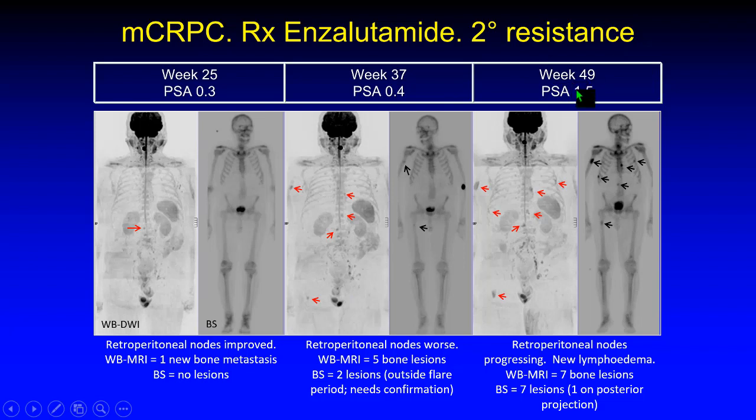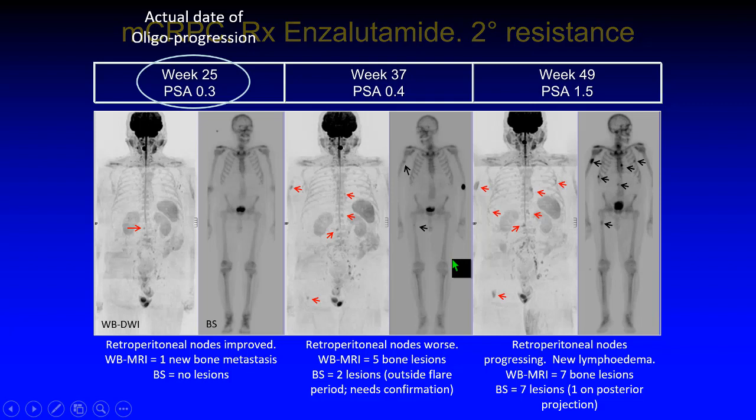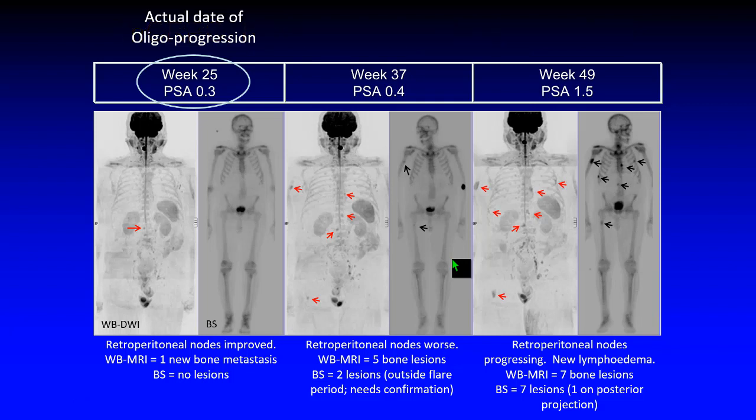Week 49. Now the bone scan shows metastatic disease. The whole body MRI scan shows bone disease. So what's happened? Week 25 is when progression actually occurred. Week 50 is when you change the treatment. 25 weeks of treatment that was of no benefit.